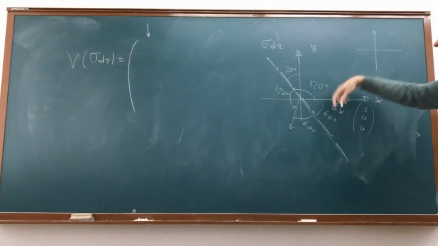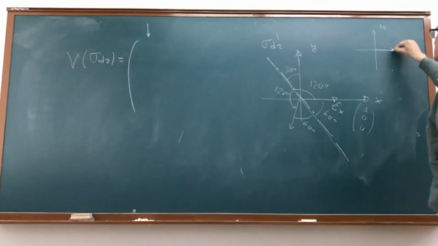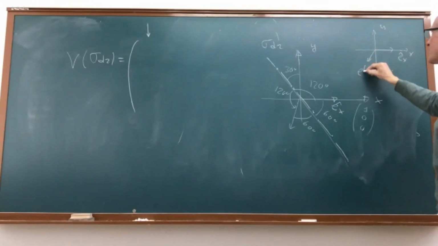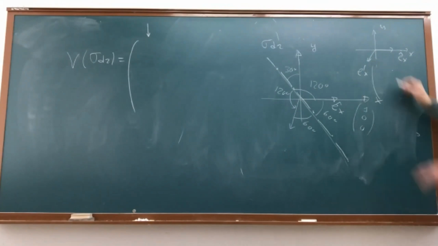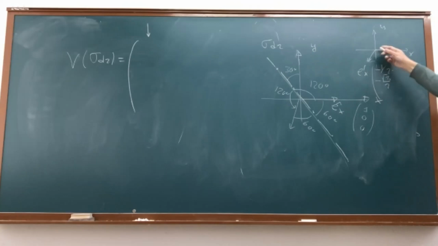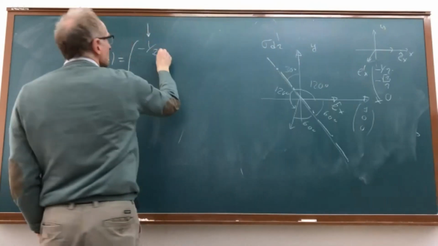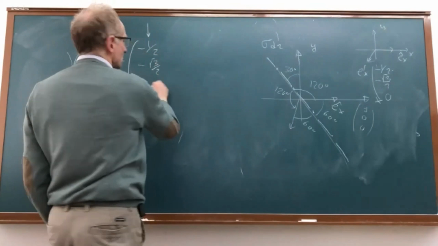You need some kind of mental gymnastics to do this. Usually you reduce very easily. So I have this, and this is E prime X. E prime X, the components are quite obvious. The X component is -1/2. The Y component is -√3/2, and the Z component is 0. So here I place -1/2, -√3/2, and 0. Let's see if I got it right.